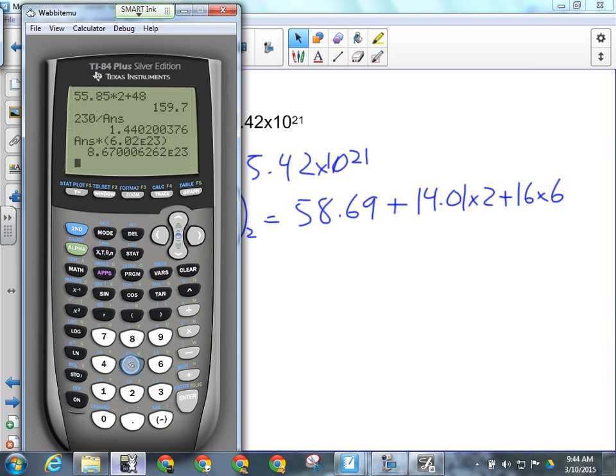So we'll have 58.69 plus 14.01 times 2, plus 16 times 6. We're looking at 182.71 grams per mole.